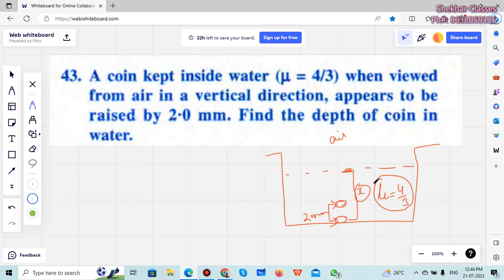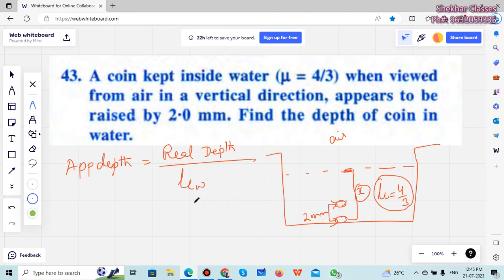We have a formula for apparent depth. And what is the formula? Apparent depth is equal to real depth upon refractive index of water. Apparent depth, do we know it? We do not know, right? We know the shift.